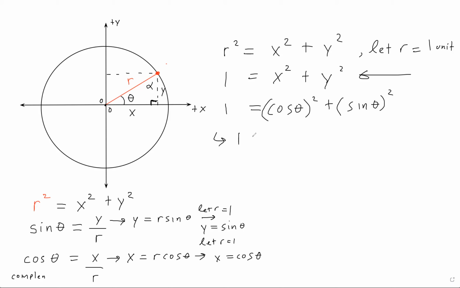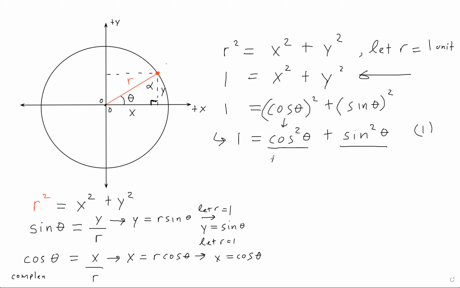And we'll rewrite this as cosine squared theta. Same thing. This is just the way it's denoted in textbooks. And we have sine squared theta. So that gives us our first trigonometric identity. Let's go a step further. Let's solve for cosine squared theta and sine squared theta.